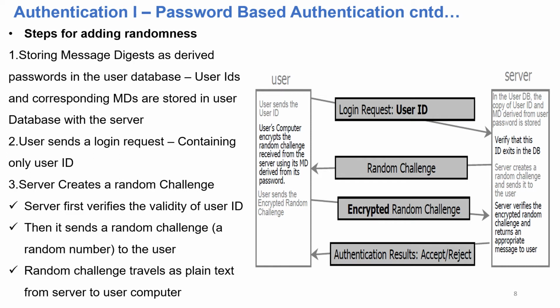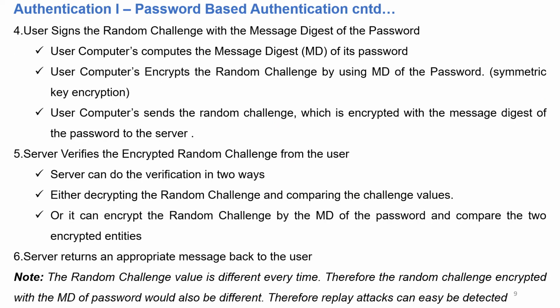Finally, the server will verify this encrypted random challenge, and it returns the authentication result as accepted or rejected back to the user. And that is how message digest authentication works. This is also what is mentioned in steps 4 and 5.